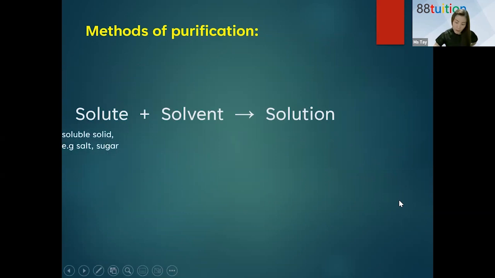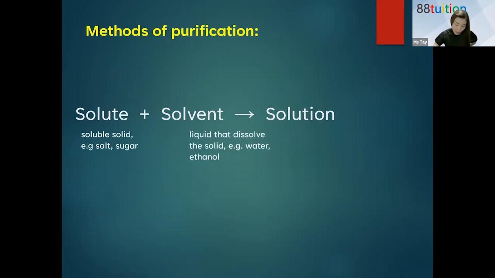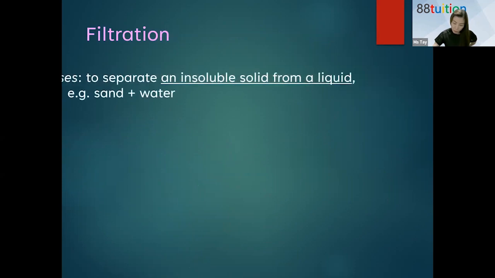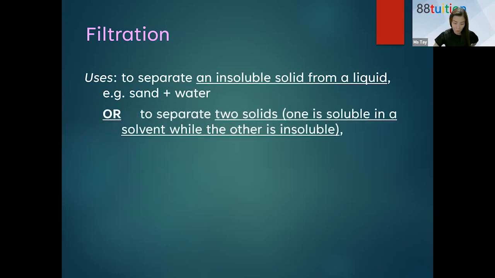Solute plus solvent gives me solution. Example, let's say salt dissolved in water, then I get salt solution. So filtration, we covered last lesson. All right, filtration. If I'm too fast and you want to take a screenshot, let me know. Filtration is to separate an insoluble solid from a liquid.